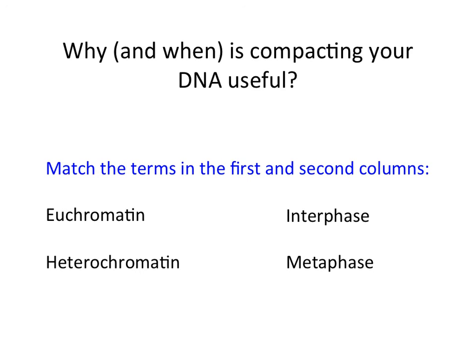So euchromatin, when the DNA is all unwound, is interphase. Yep. And it's during metaphase, when the chromosome is really compact, that we see them as individual chromosomes. We see them as individual chromosomes because they're tightly compacted. Metaphase, heterochromatin.